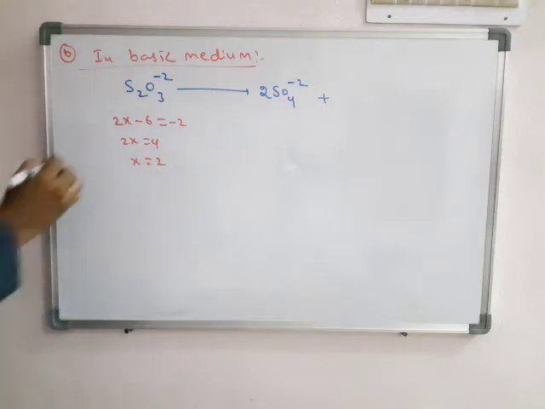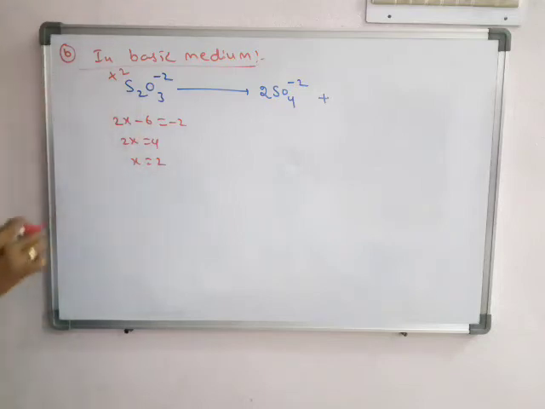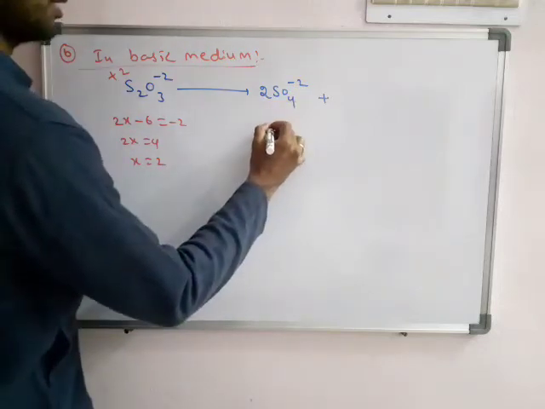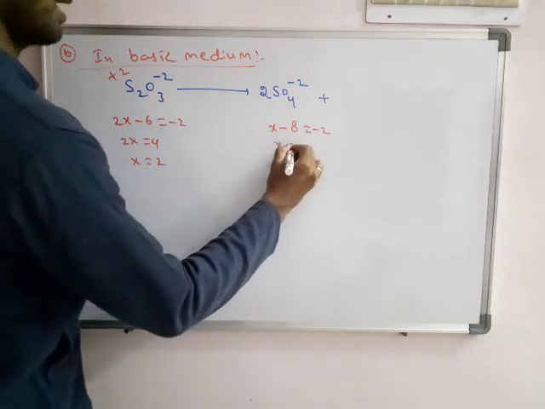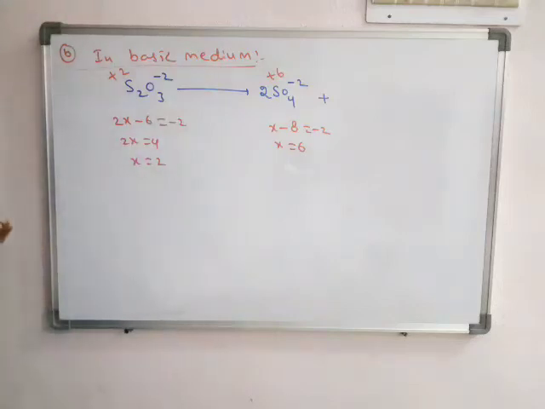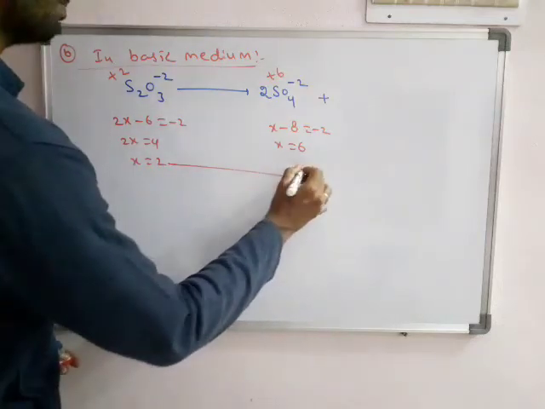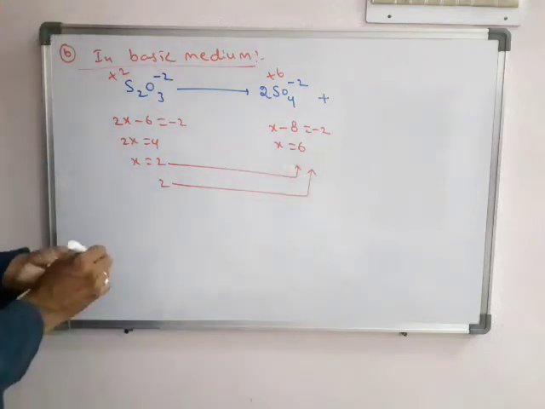Here the 2 sulfurs have plus 2 oxidation number. One sulfur plus 2, the other sulfur also plus 2. Here x equals 6. So each sulfur has plus 6 oxidation number. So it becomes plus 2 to plus 6. How many are there? 2 sulfurs are changed from plus 2 to plus 6.